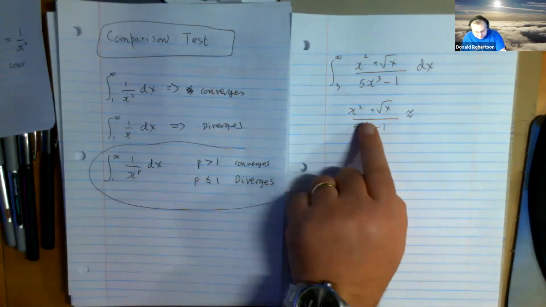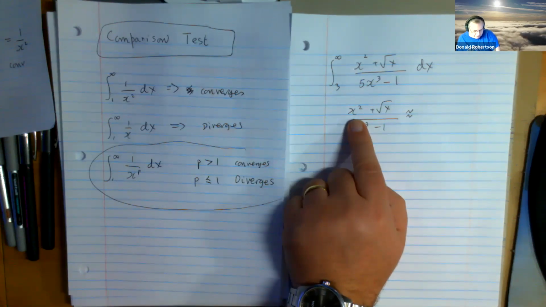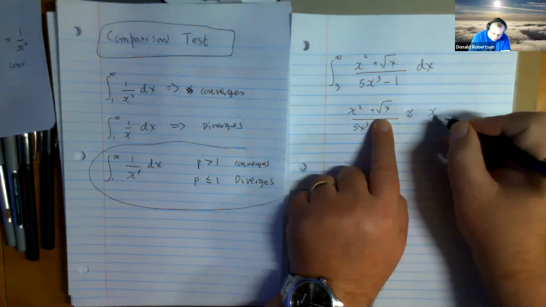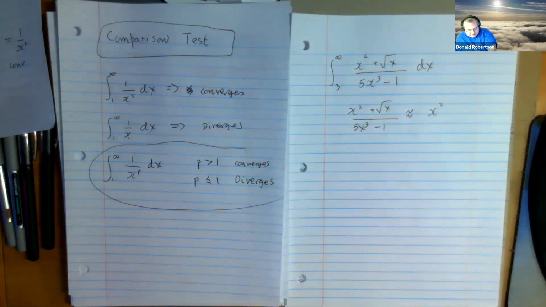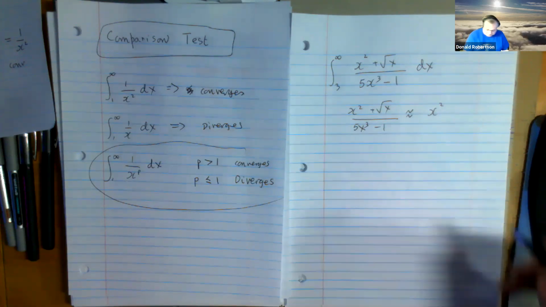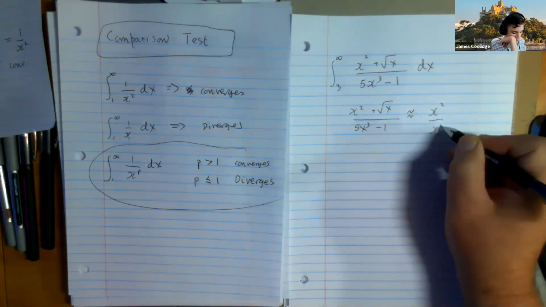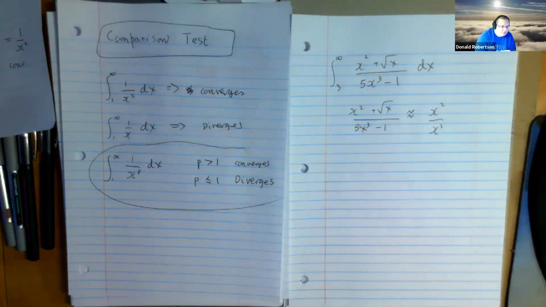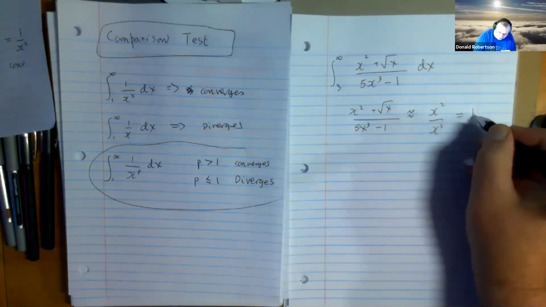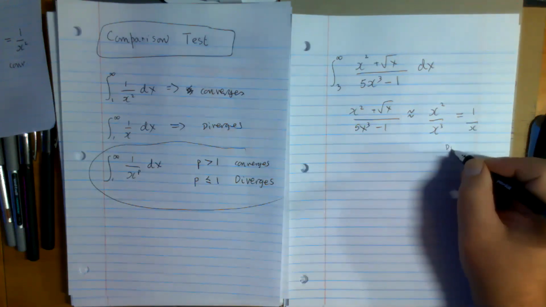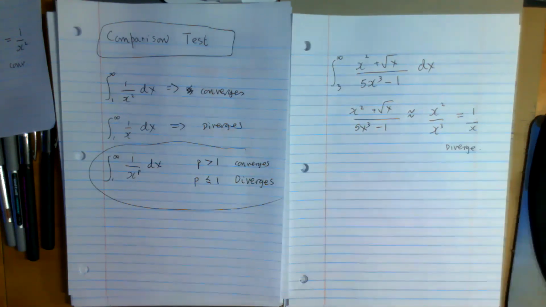So in the big scheme of things, when x is a billion, billion, trillion, won't x squared overwhelm that guy? And what would 5x cubed get you? X cubed. Do we really need the 5? Not really. Doesn't this behave like 1 over x? What do you know about 1 over x? Converge or diverge? Diverge. And we are done.